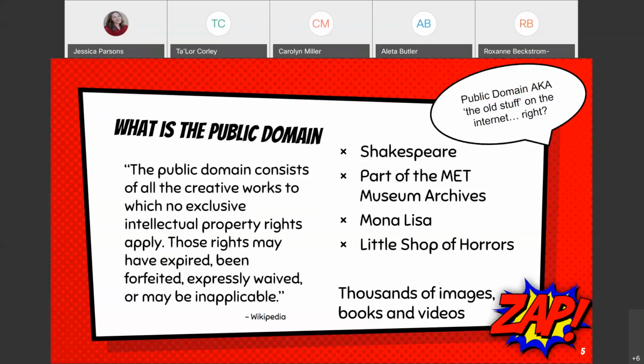Disney has only been able to recreate and greatly profit off of these huge titles because the copyrights of the original books have lapsed. So there's thousands of images and videos and books online and just out there that are considered public domain.